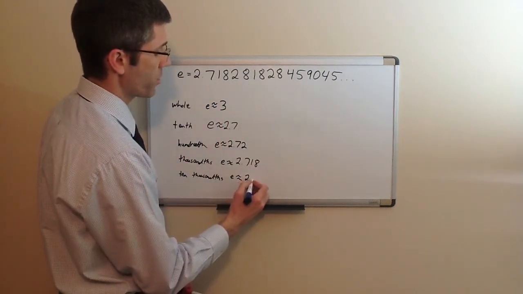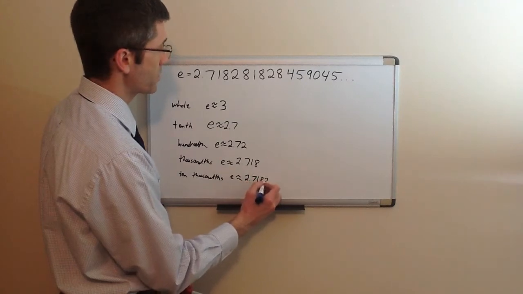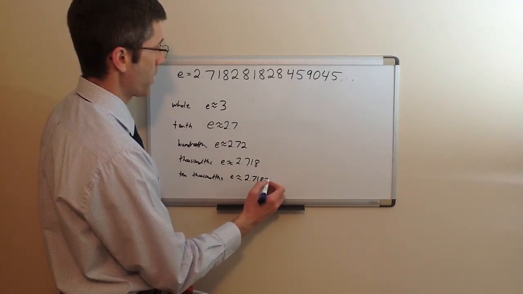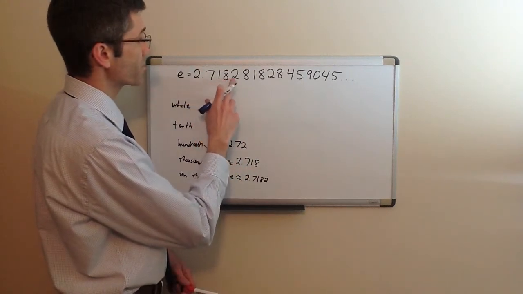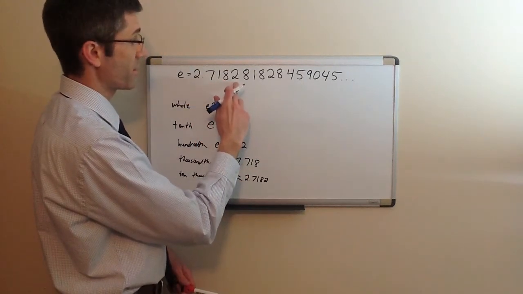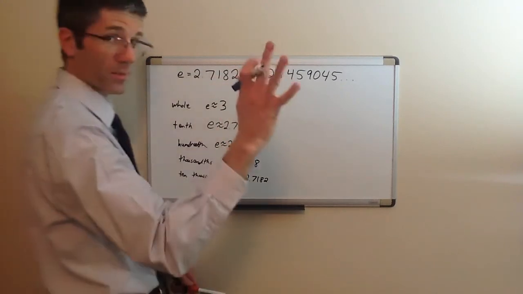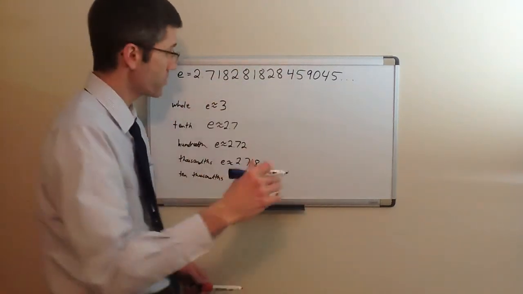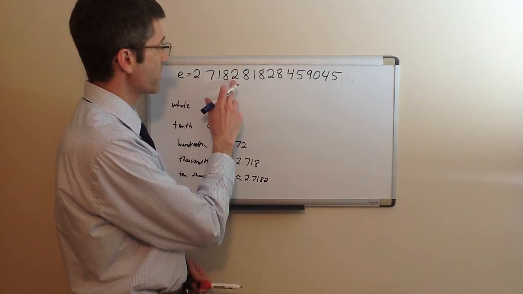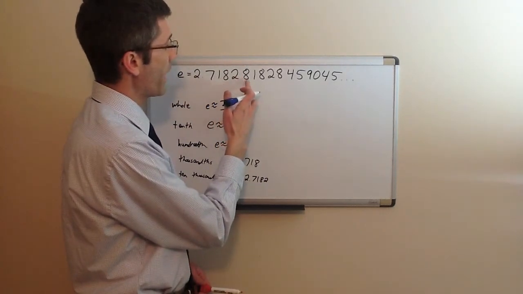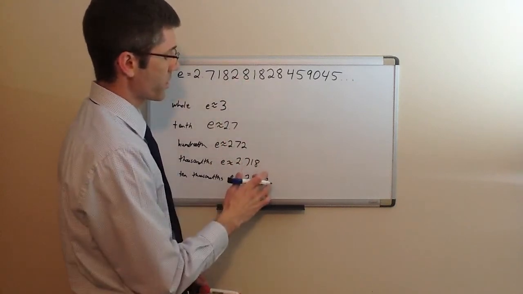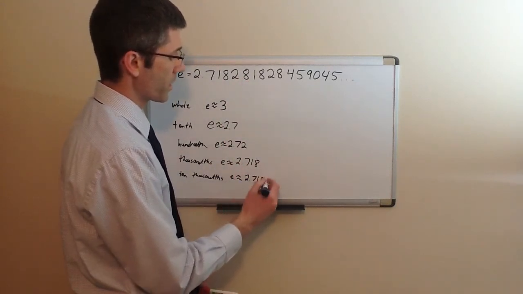So it's 2.718. Oops, I did that wrong. I went too far. Sorry. See how easy it is to mess up? Tenths, hundredths, thousandths, 10,000ths. So we're going to stop there. That 8 rounds that up to a 3. So we'll erase that. We'll make it 3.